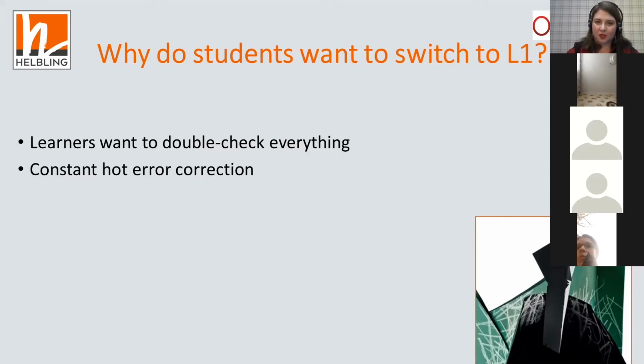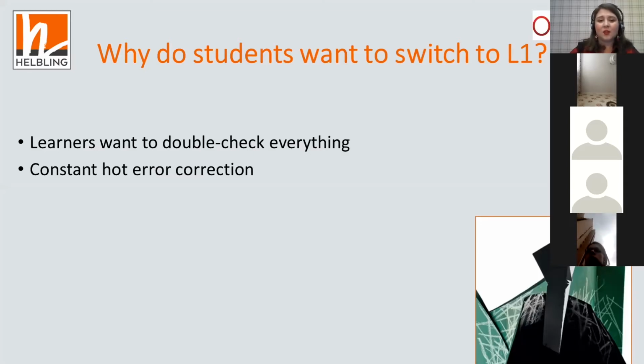Students' previous learning experience can intervene here. Maybe they used to be corrected a lot. I mean, when the teacher was applying immediate or hot error correction. Yeah, so for some students, it's really demotivating and they are just simply afraid to make a mistake.